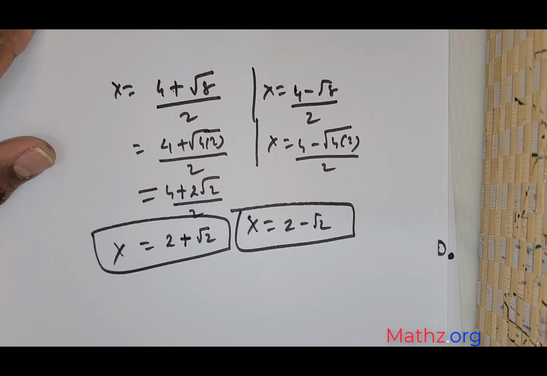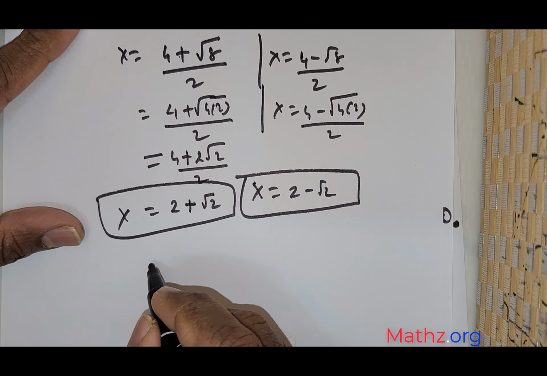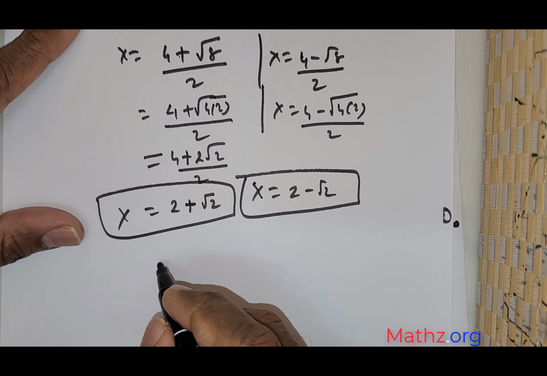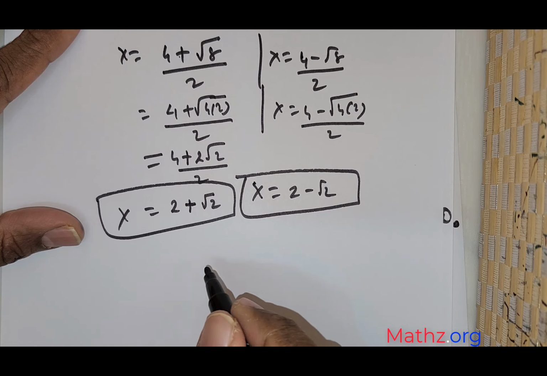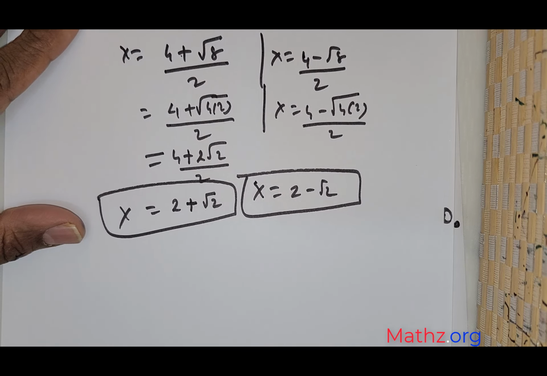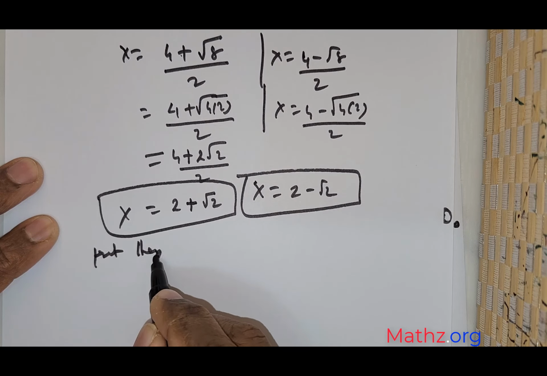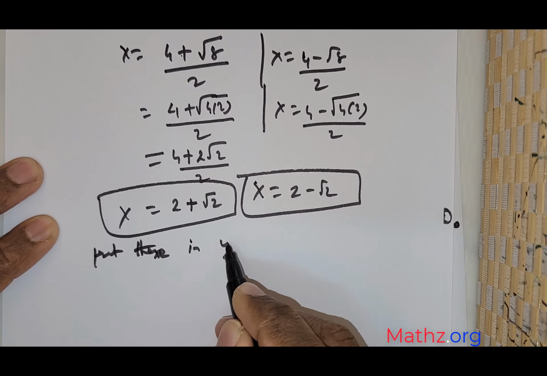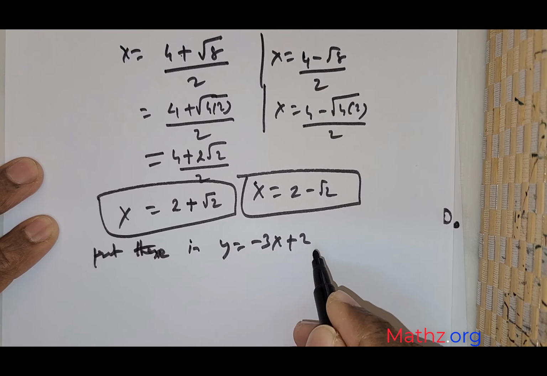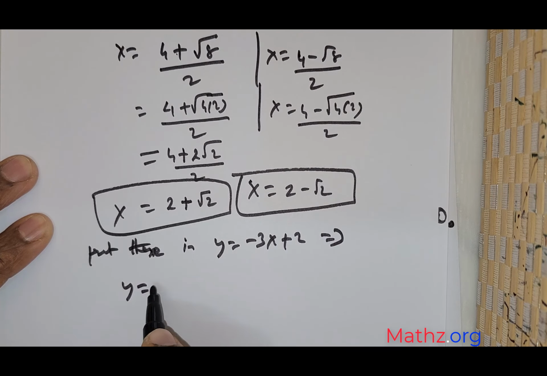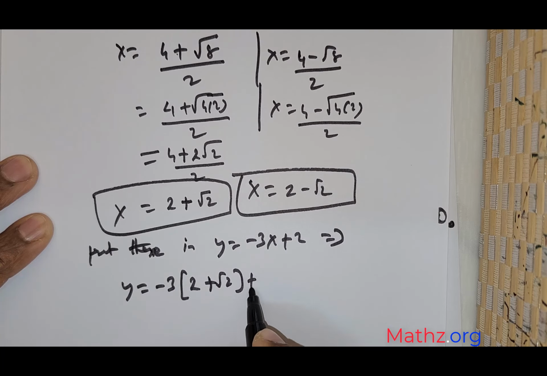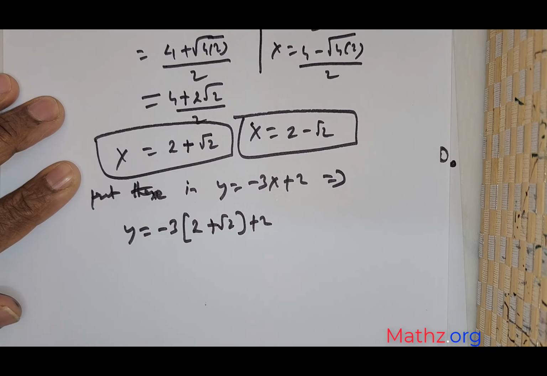Now we need to get the coordinate of P. So for that we need to perform the substitution. So let's do that. What I'm going to do is put these in. y = -3x + 2, which would give you y = -3(2 + √2) + 2 for the first case.